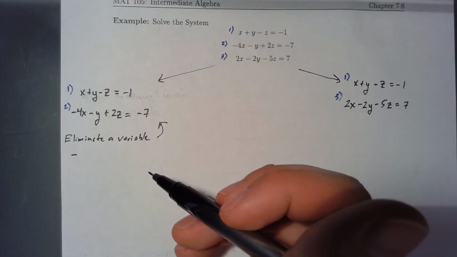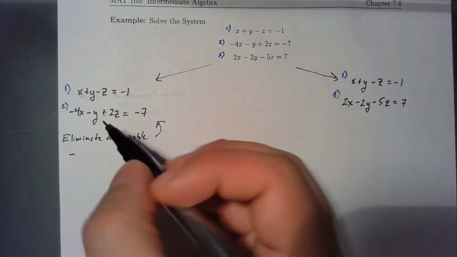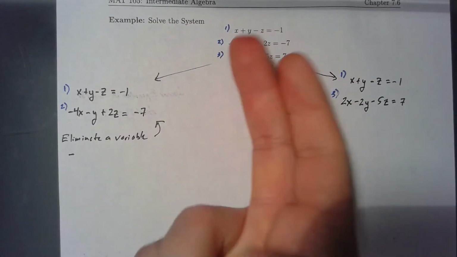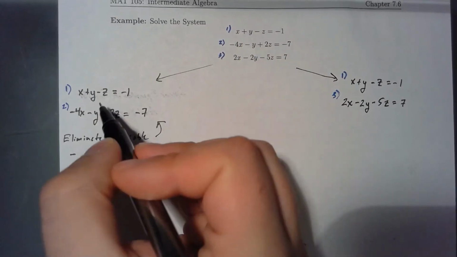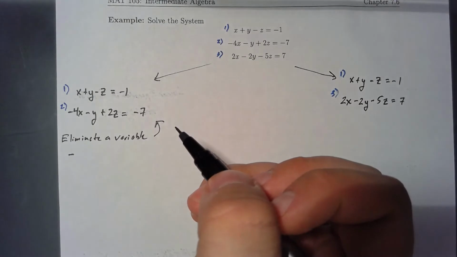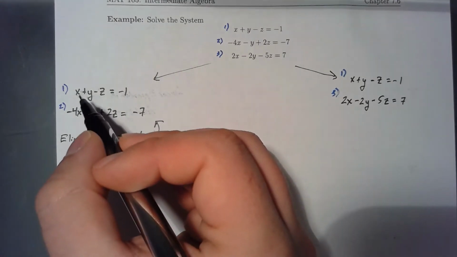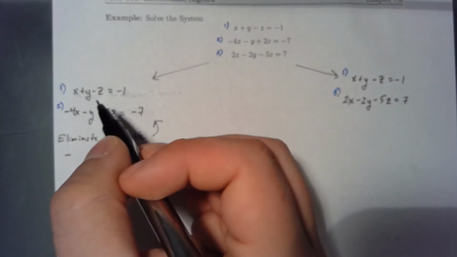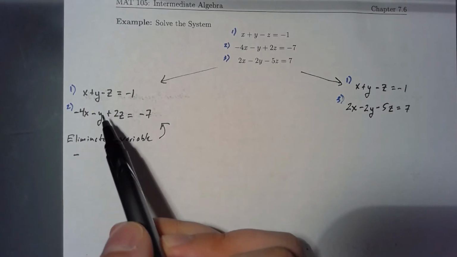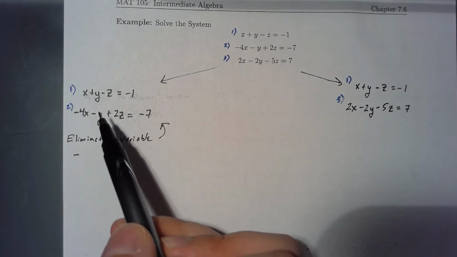So remember, how do you do the elimination method? You add the equations together so that one of the variables is going to cancel out. Now if I add these equations together, what variable do you think is going to cancel out? Well, if you look at it, x and -4x, that's not going to work. But hey, look, I have y and I have -y. That's pretty nice. So if I add these equations together, y and -y are going to cancel out.